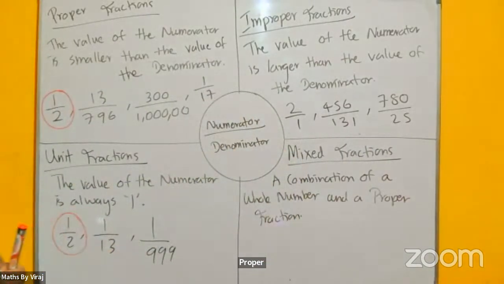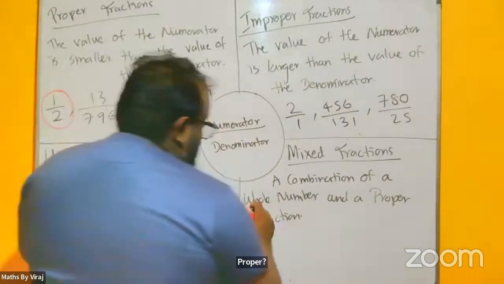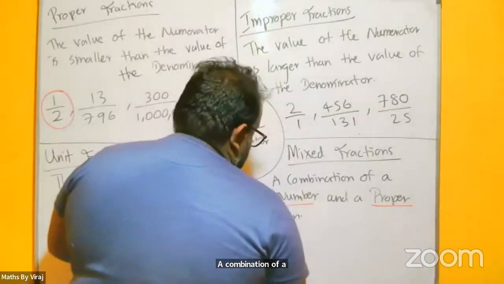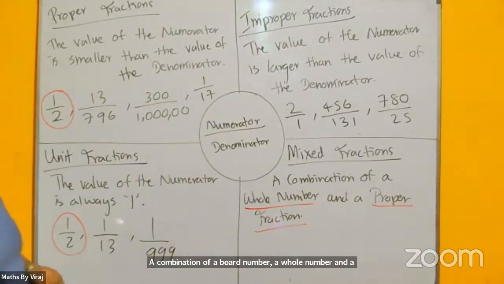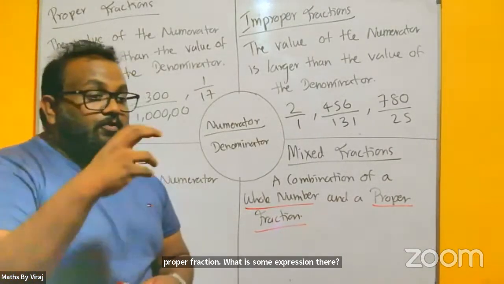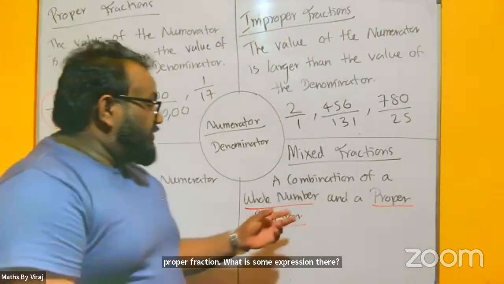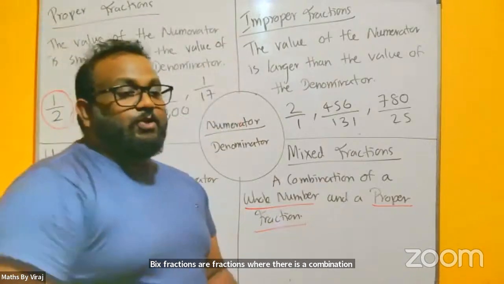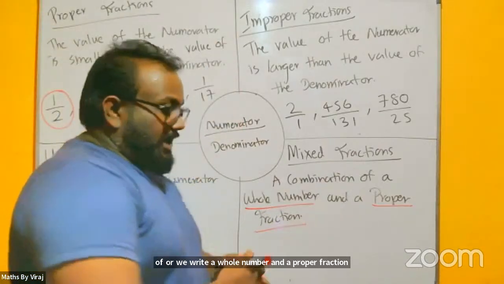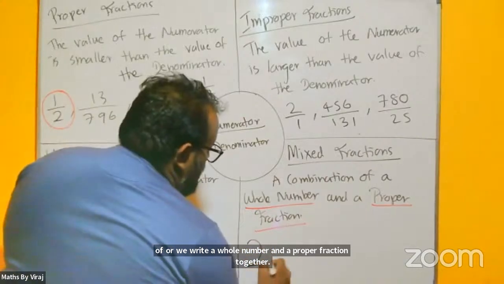A combination of a whole number and a proper fraction. What is a mixed fraction? Mixed fractions are fractions where we write a whole number and a proper fraction together. How do we write it?